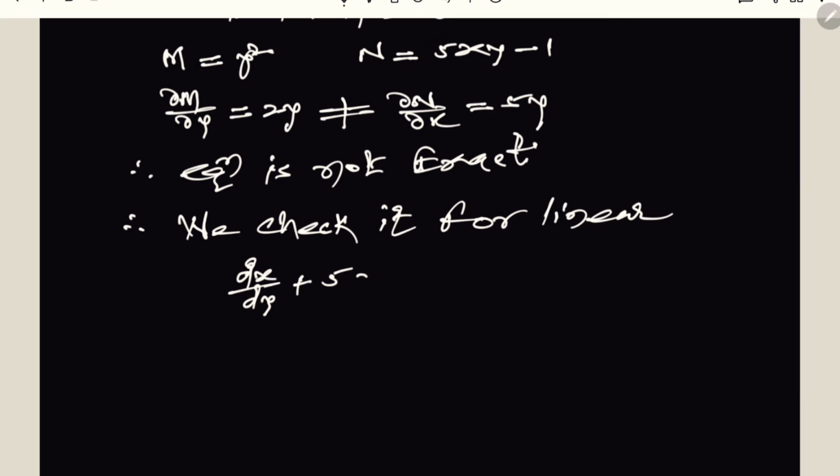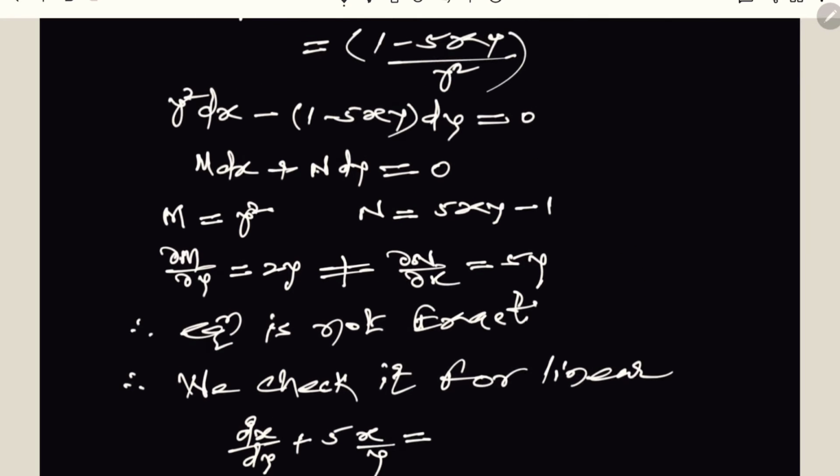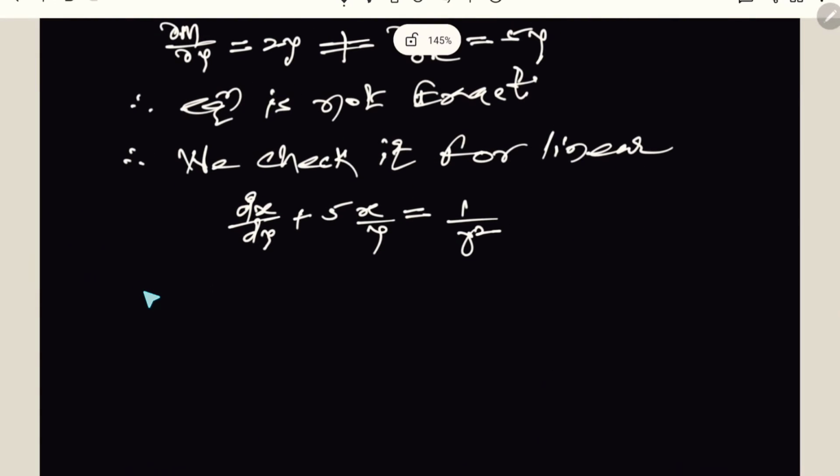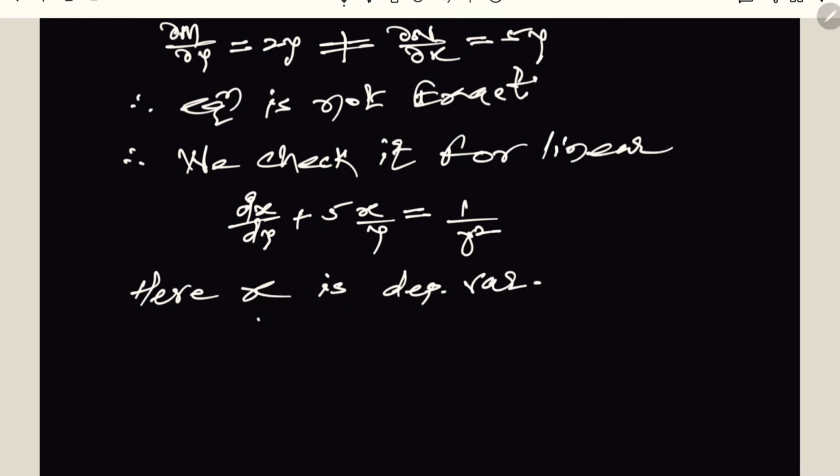Once again I will write that equation: dx by dy plus 5x divided by y is equal to 1 by y square. Here x is with degree 1 and its differential coefficient is also of degree 1.